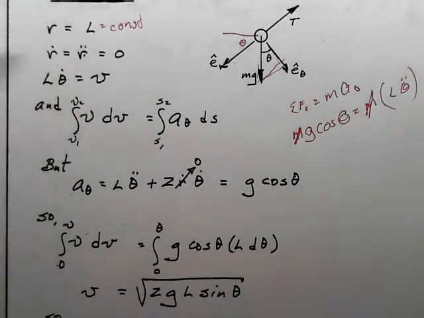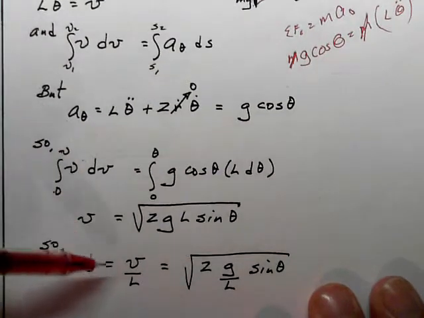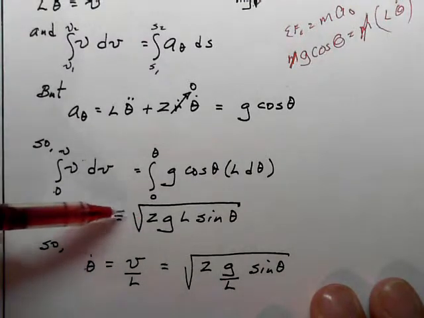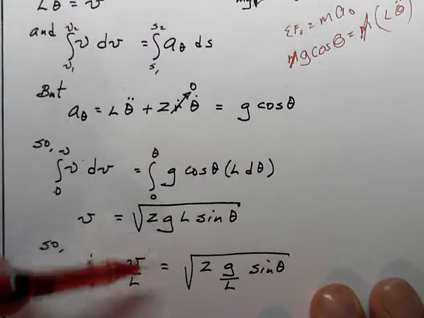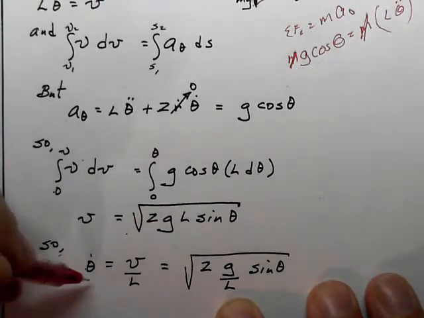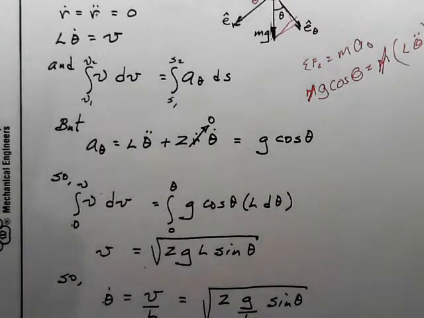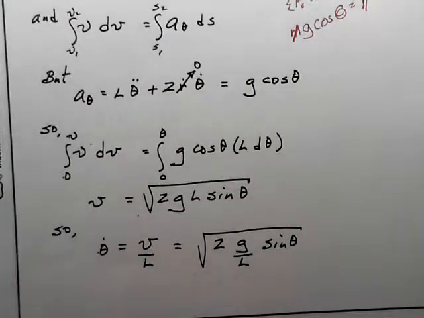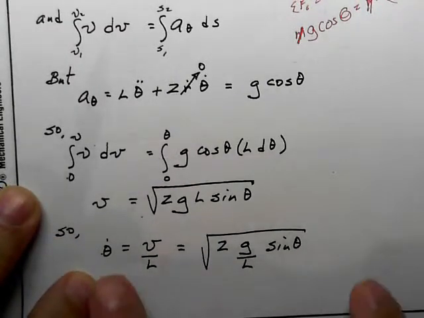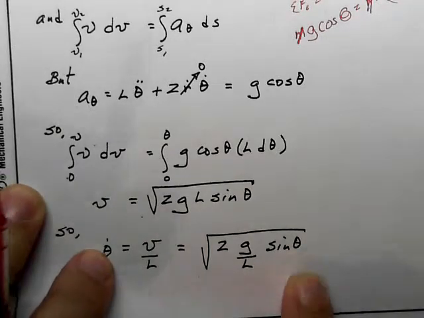Let's use that definition, which means theta dot is equal to v over L. Bringing 1 over L inside of here will be a 1 over L squared. Canceling that L up top, we'll leave 1 L in the bottom. So theta dot is this as a function of theta. And now we are ready to solve the true problem now that we know theta dot as a function of where we are.